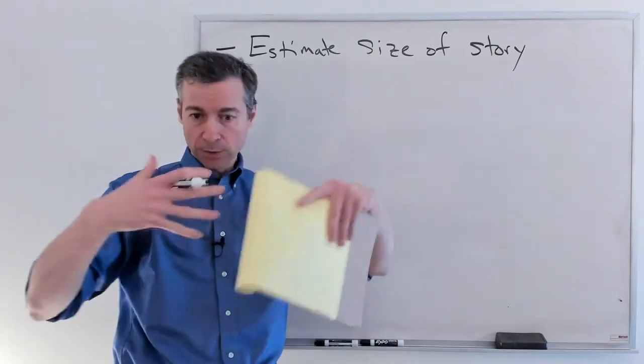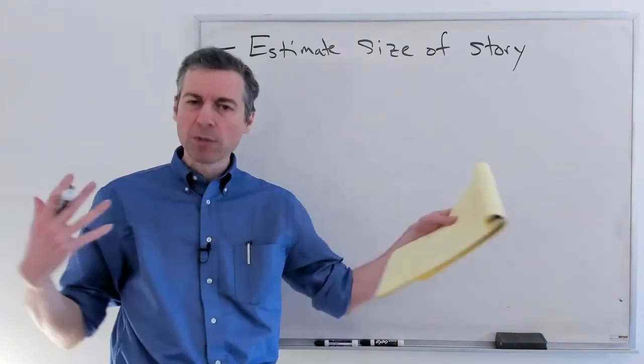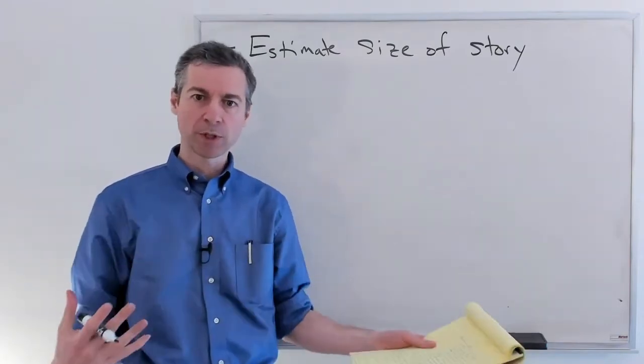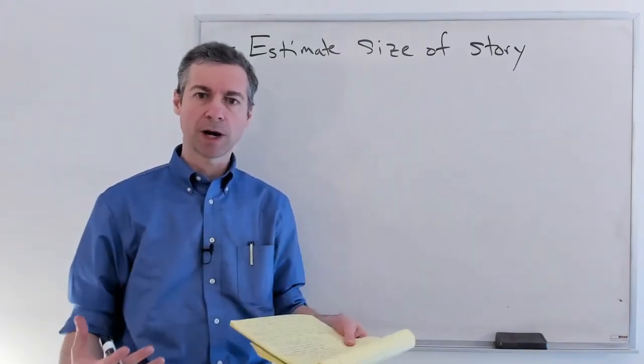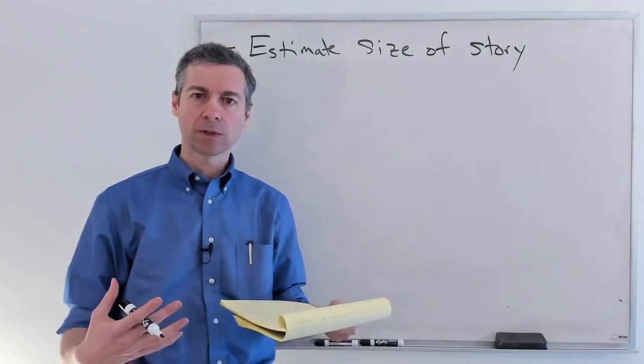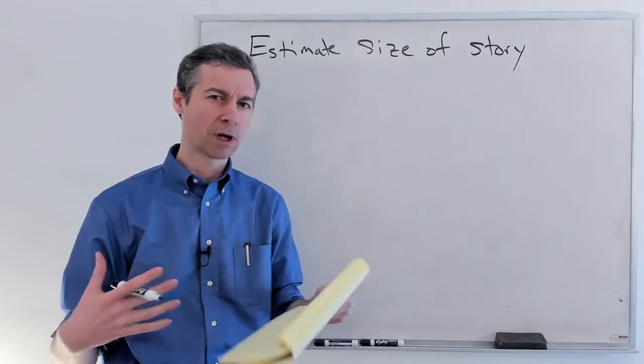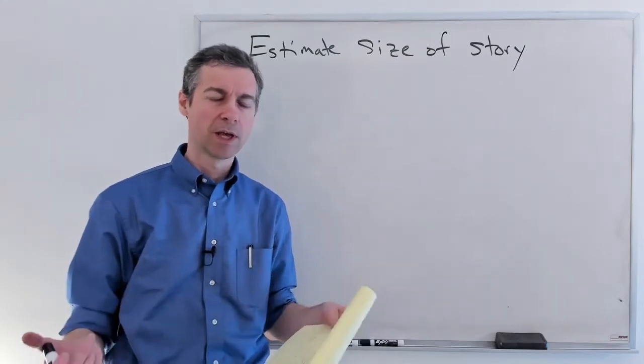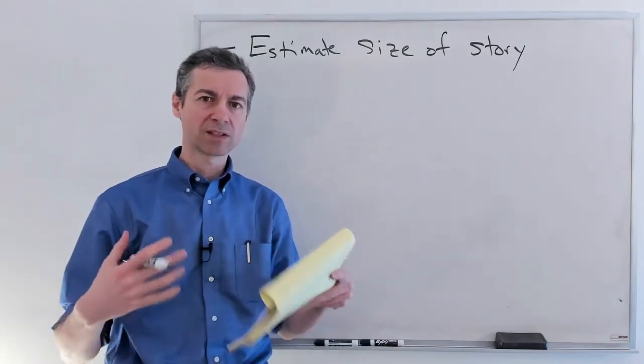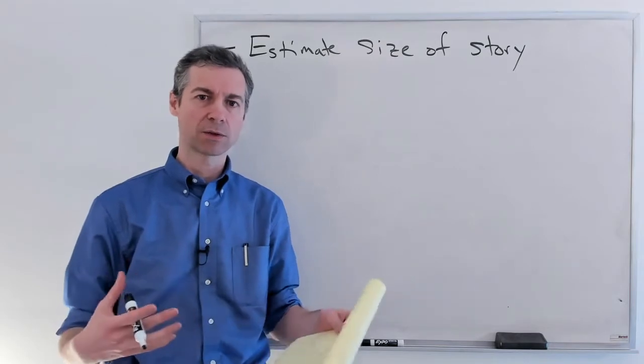Then you're going to go through them all. Now that you're familiar with them all, you're all up to speed on them. Now you're going to begin a process of, let's talk about how big, how complex, how uncertain are we about how to build this thing. This is going to determine the size of that story.